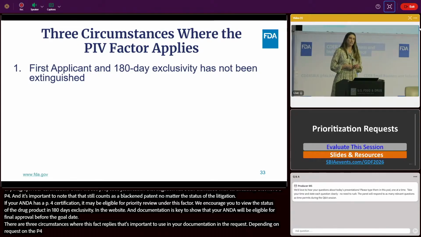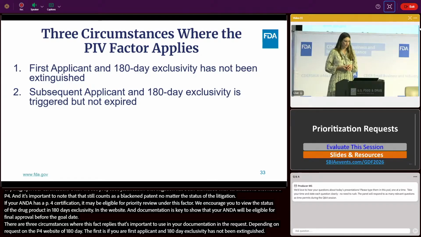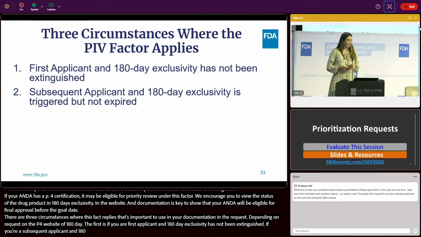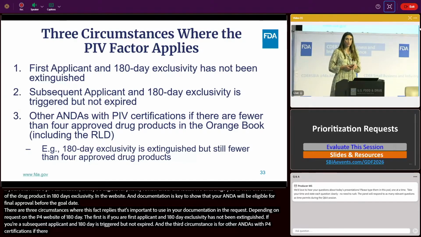The first circumstance is if you are a first applicant and 180-day exclusivity has not been extinguished. Second circumstance is if you're a subsequent applicant and 180-day exclusivity is triggered but not expired. And the third circumstance is for other ANDAs with P4 certifications if there are fewer than 4 approved drug products in the Orange Book, including the RLD.